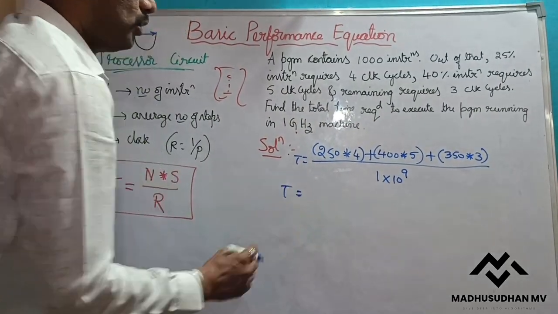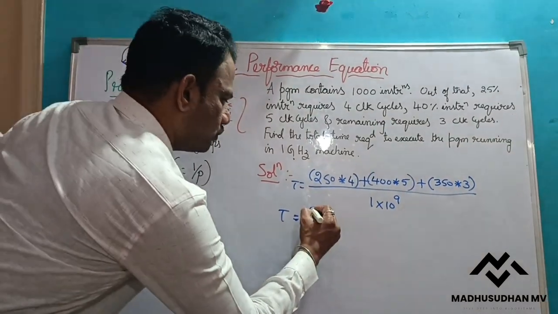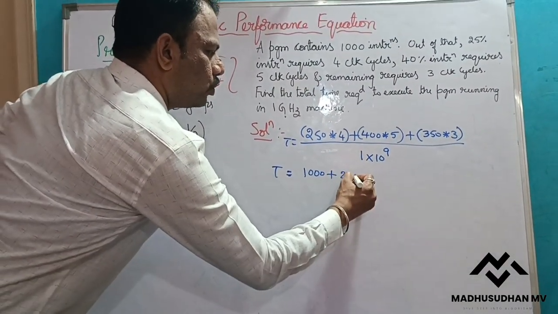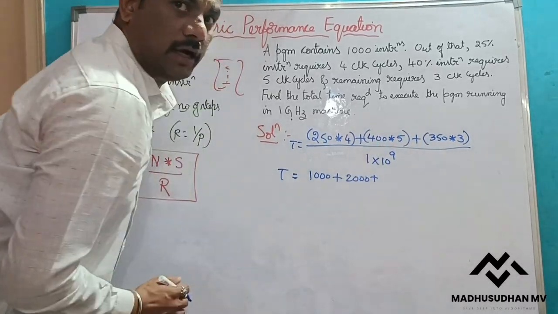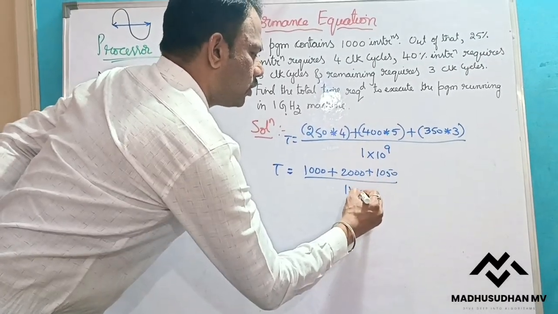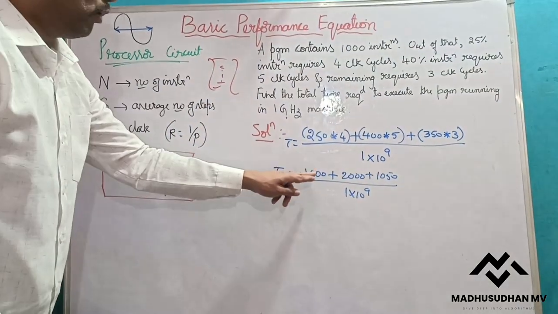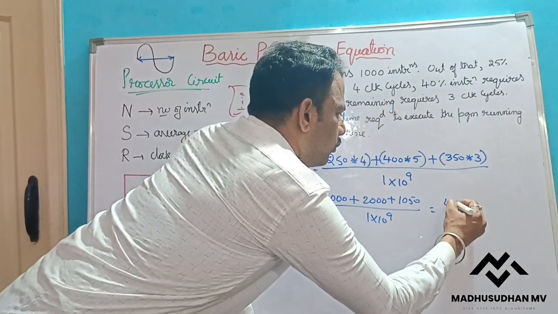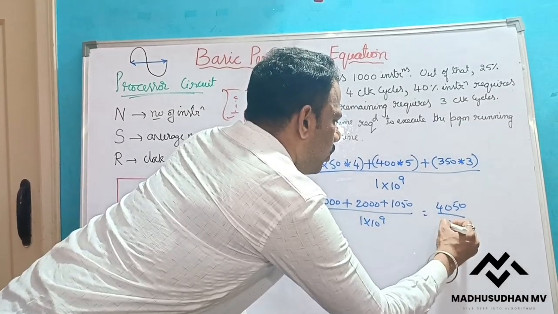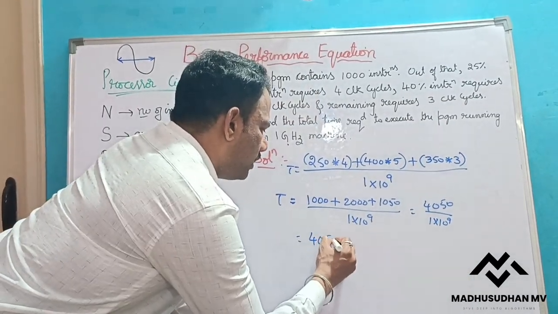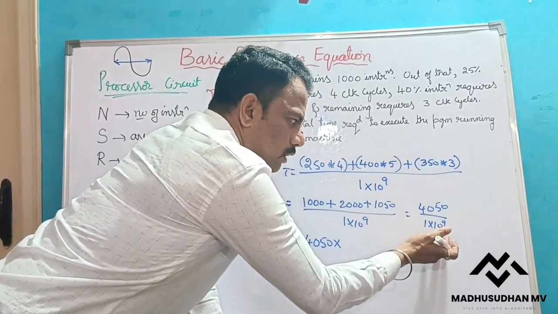250 into 4, 1000, plus 400 into 5, 2000, plus 350 into 3, 1050, divided by 1 into 10 to the power of 9. So 1000 plus 2000 is 3000, plus 1050 is 4050. So this is nothing but 4050 divided by 10 to the power of 9.